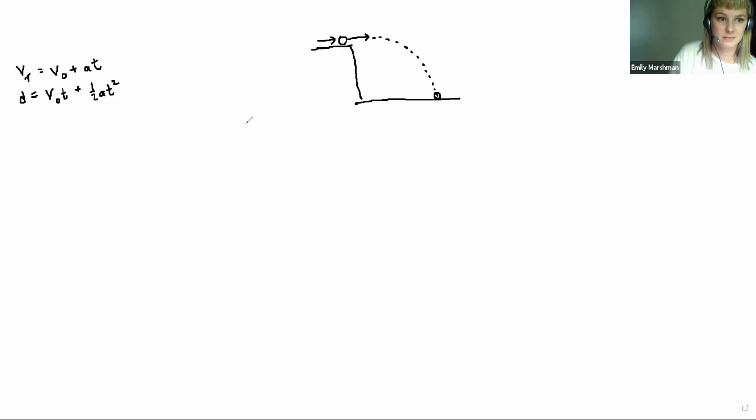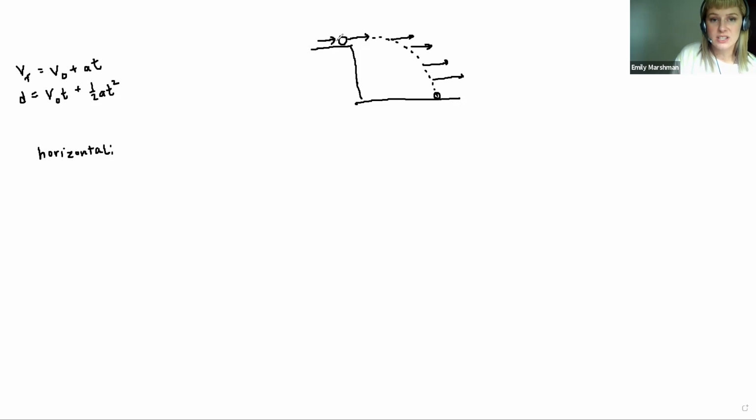Okay? So if I only look at the motion of the object in the x direction, the horizontal direction, the ball leaves the edge of the table and starts to fly off, right? Horizontally, the ball is not accelerating horizontally.